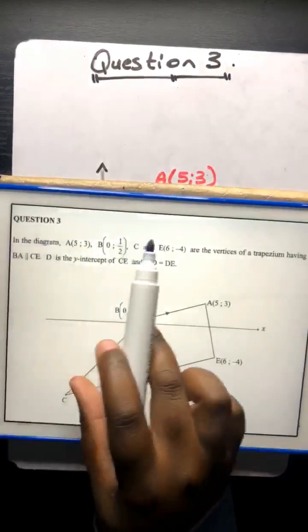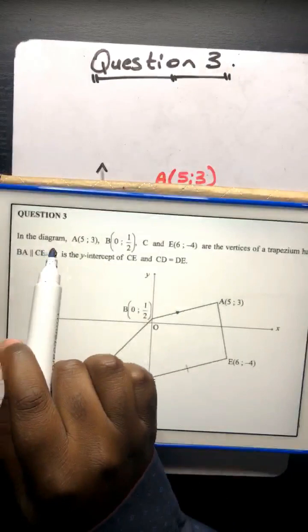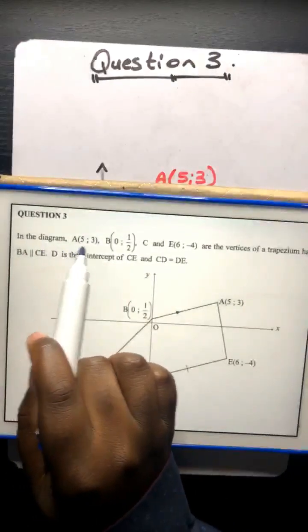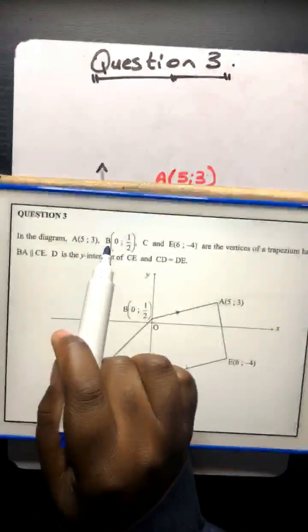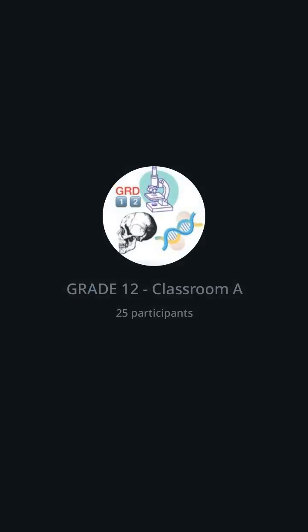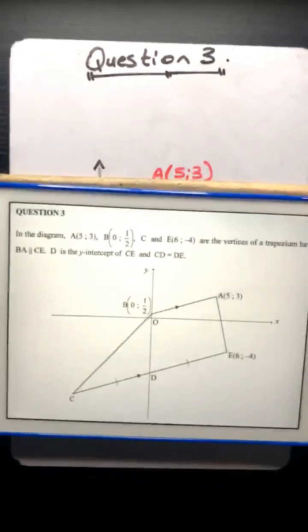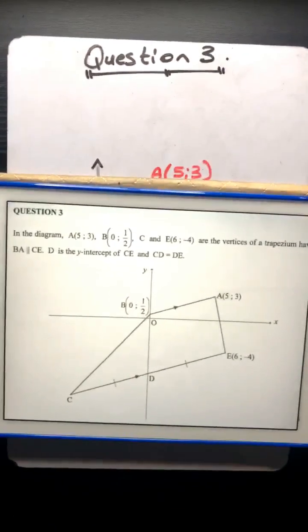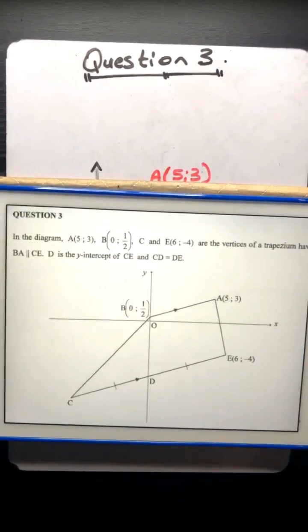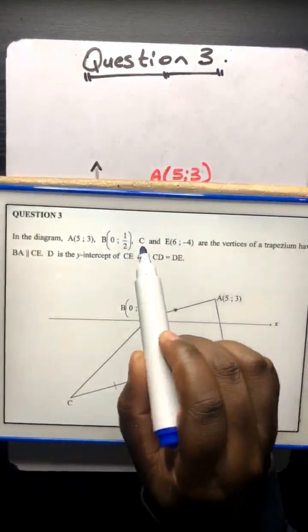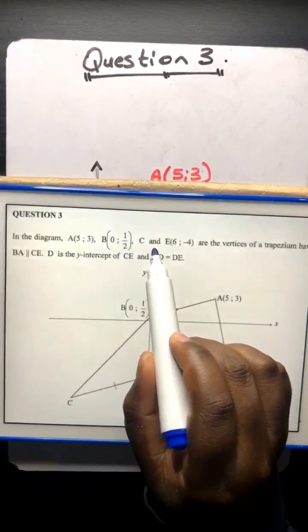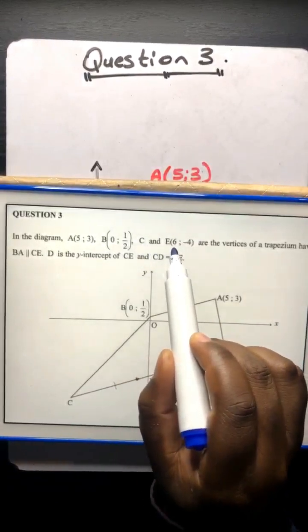Question number 3. In the diagram, A being a point having those coordinates, B being a point having those coordinates. Remember, examiner tries to be tricky by giving you fractions because they do know very well that you get confused the moment you are dealing with fractions. So C is just a point without the coordinates, and E is (6; -4).